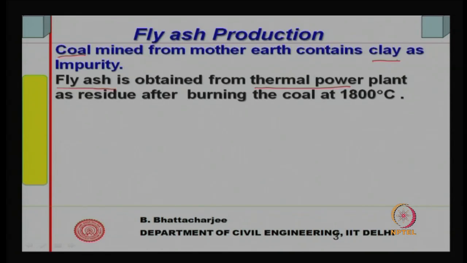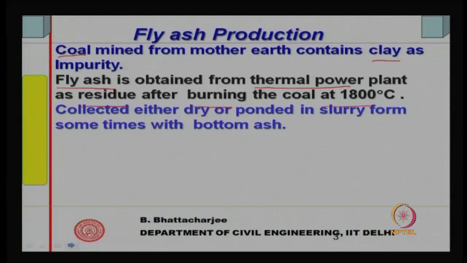So, when coal is ground and burned to produce energy at about 1800 degrees centigrade, the residue left after burning is fly ash. In other words, it has something to do with the clay itself.